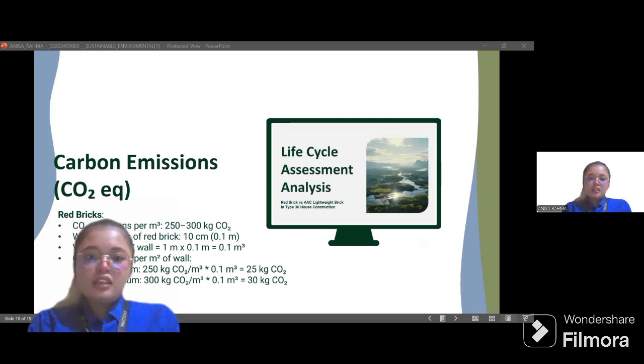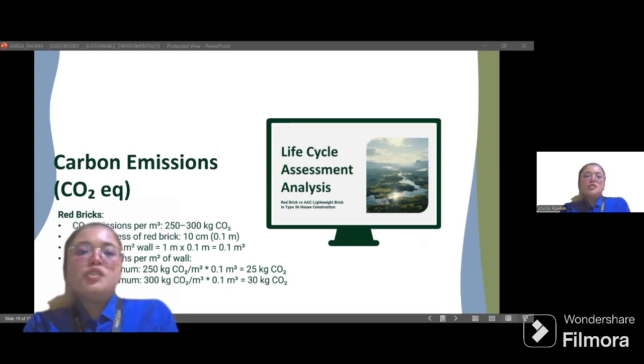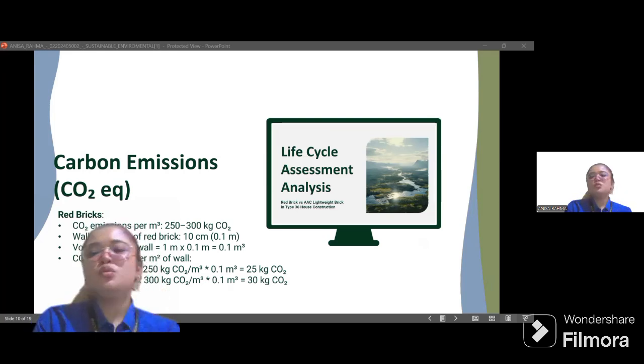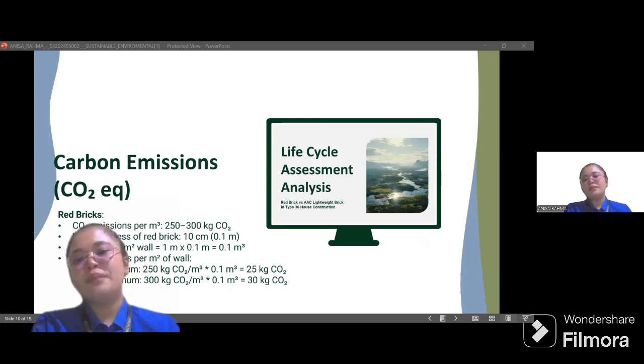Okay, next part is CO2 emission from AAC brick. Carbon dioxide emission per cubic meter of AAC brick is lower, ranging from 170 to 200 kg CO2.